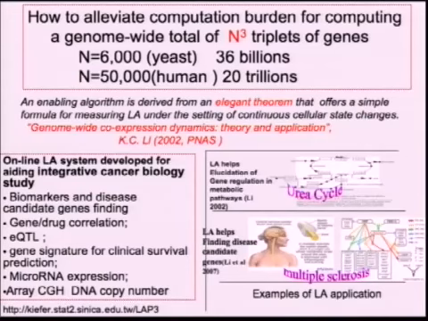Just to give you the numbers, n equal to 6,000, that's in yeast, you have about 36 millions. And if you have 50,000 Affymetrix probes, then you're talking about 20 billion trillions. And so the time is really pressing.